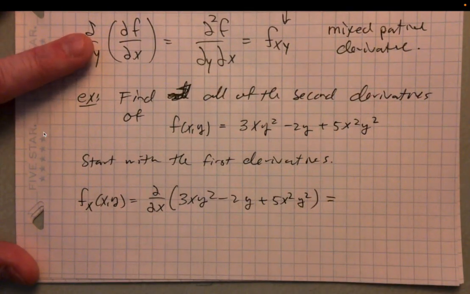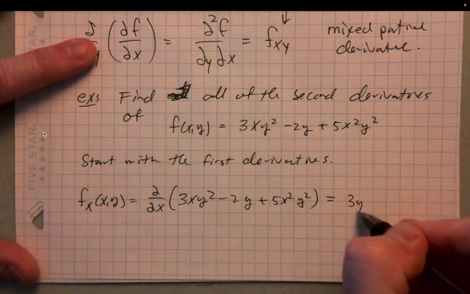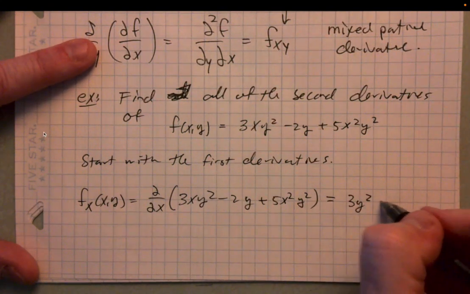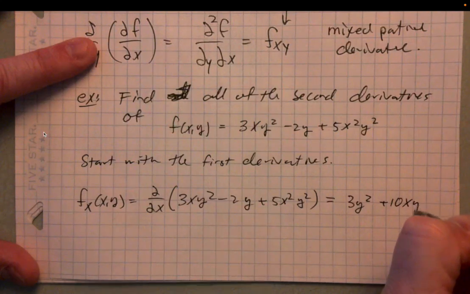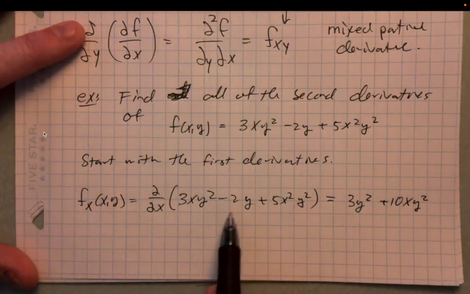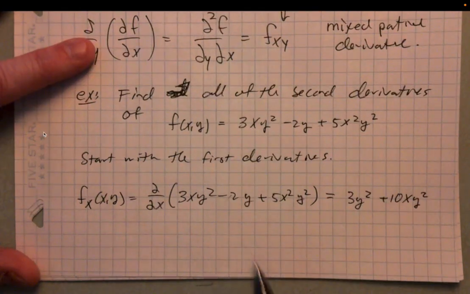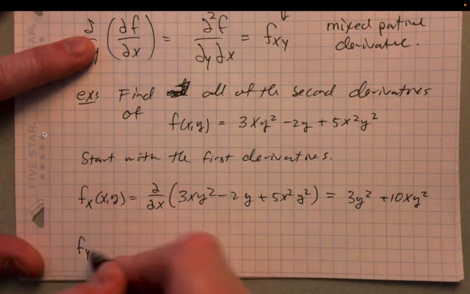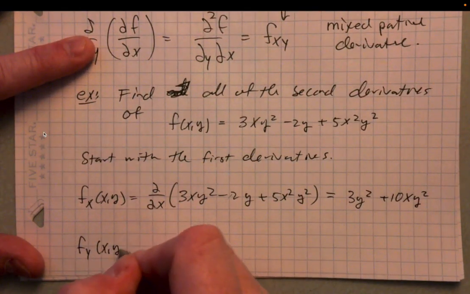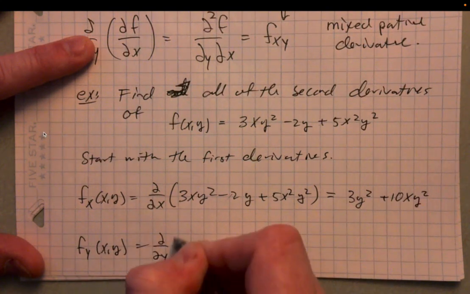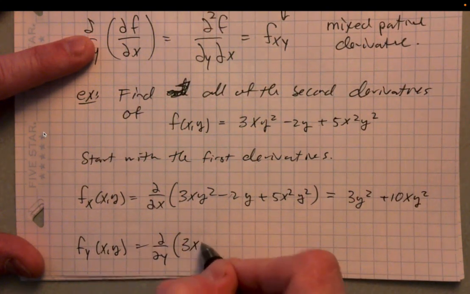For that we would get 3y squared plus 10xy squared. The term in the middle, in particular, is just a constant. Now what about the partial derivative with respect to y? Same thing here.